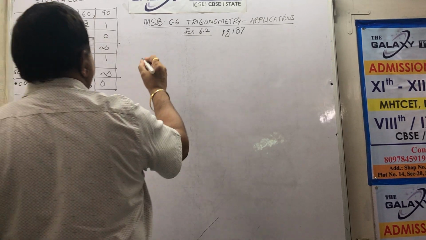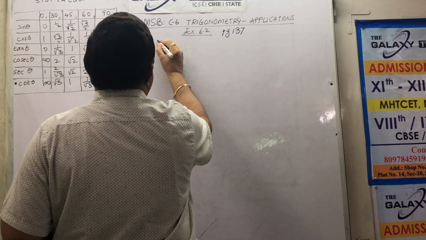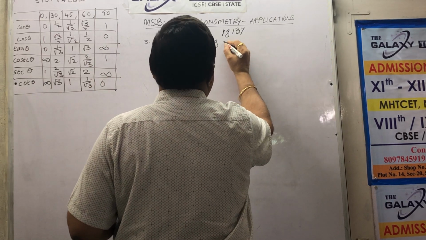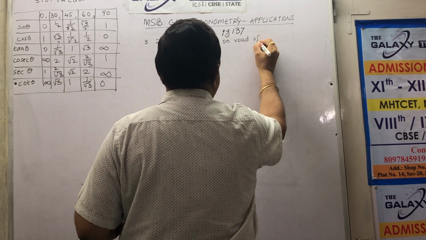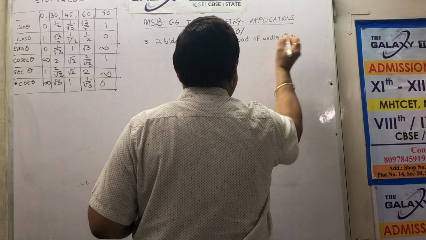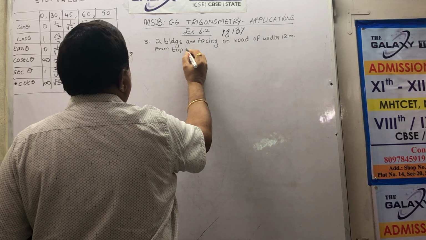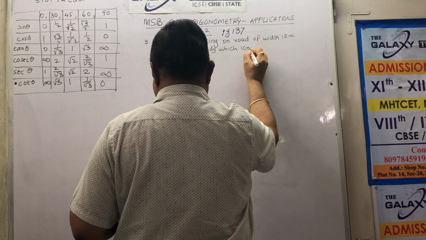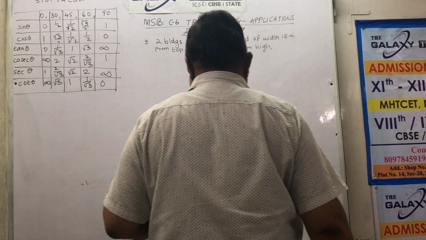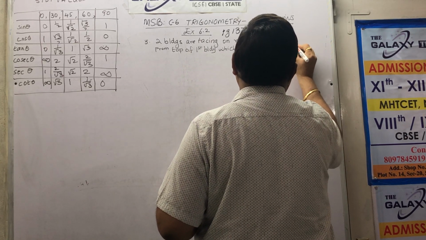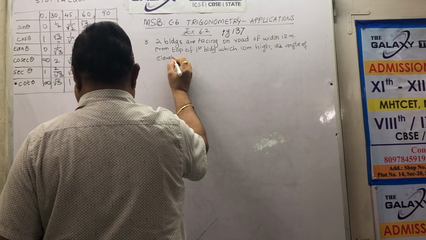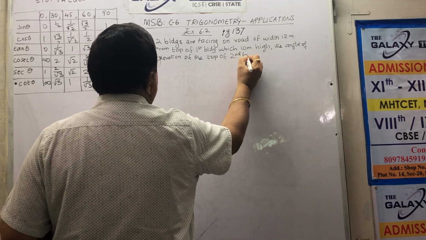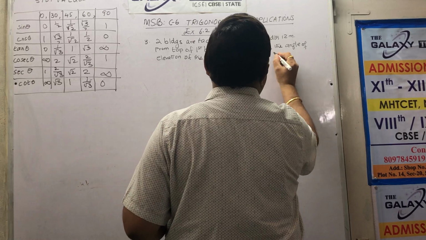Let us see sum number 3. Two buildings are facing each other on a road of width 12 meters. From the top of the first building, which is 10 meters high, the angle of elevation of the top of the second building is found to be 60 degrees.